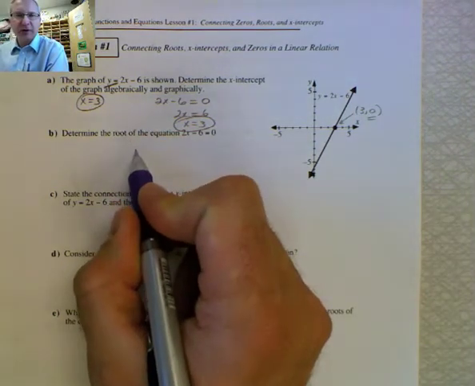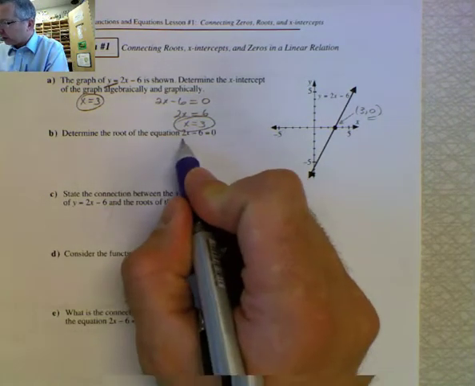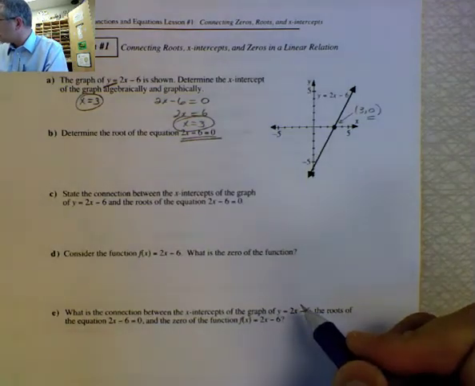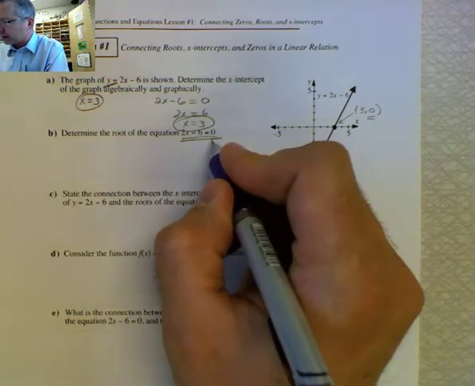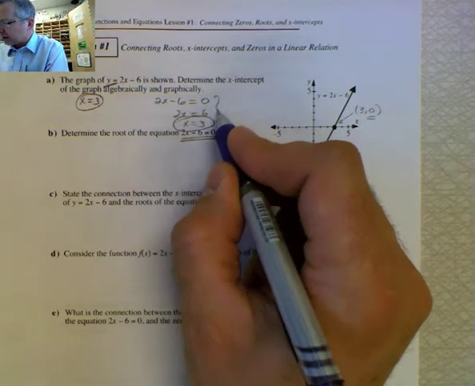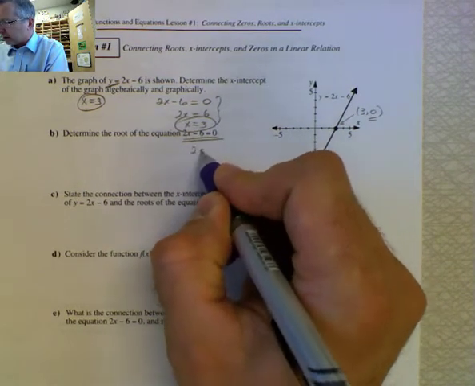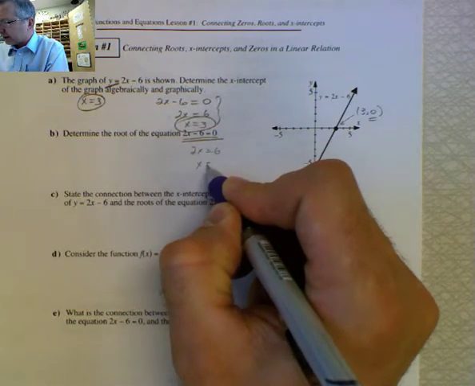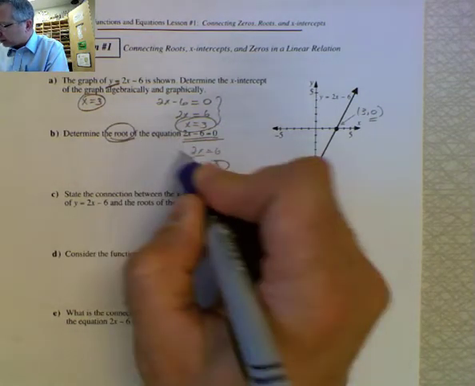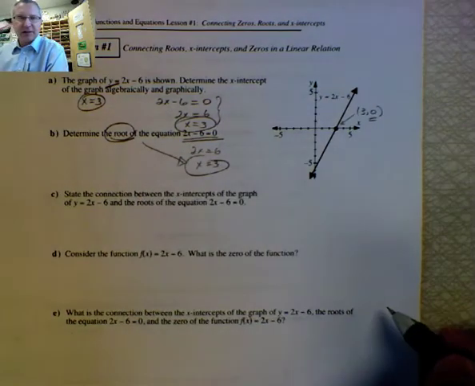Now it says determine the root of the equation. Well, the root of the equation is determined by solving this particular equation, 2x minus 6 equals 0. Well, we just did this up here. We added 6, we divided by 2, and we got the root to be x equals 3.